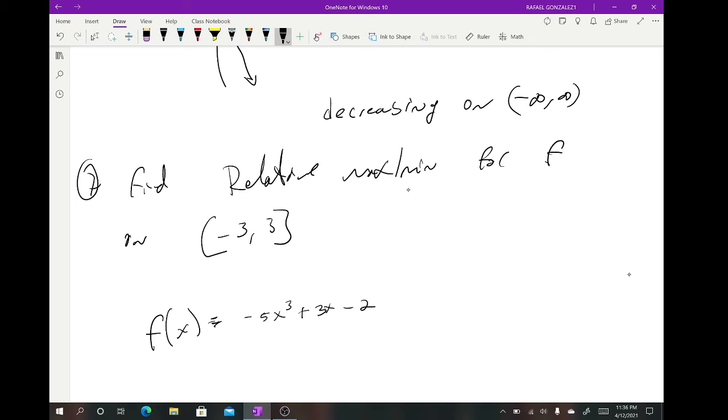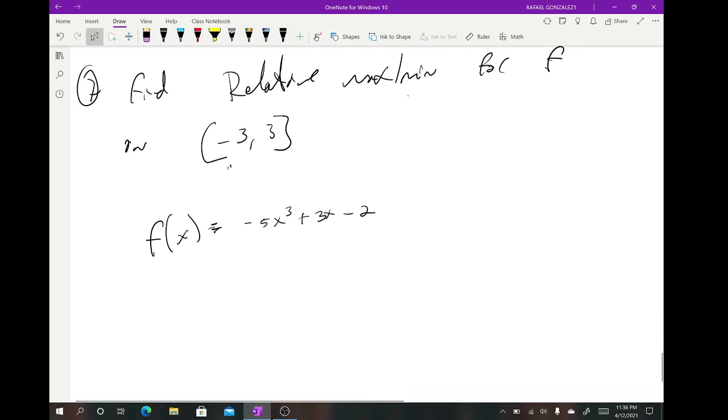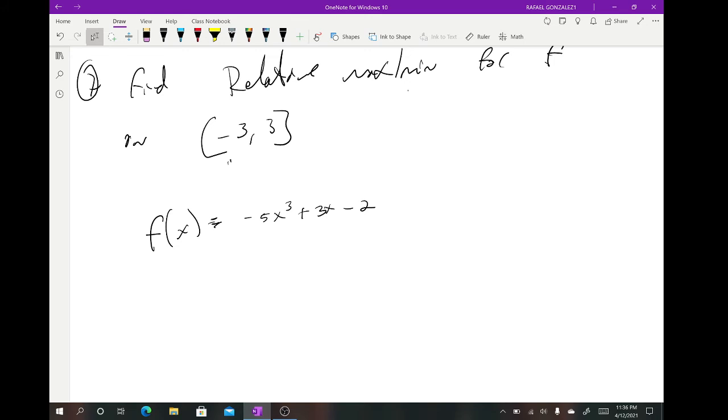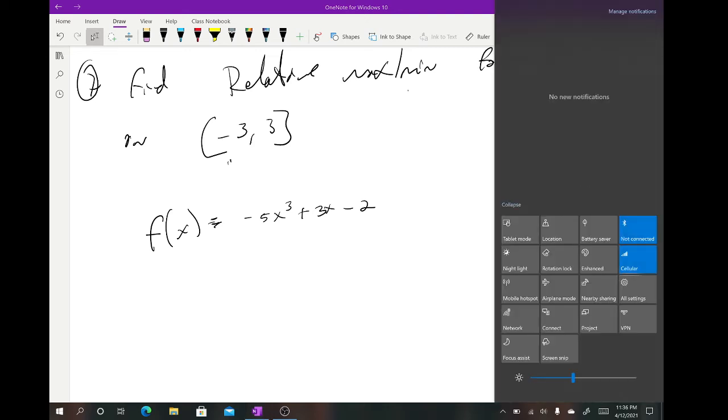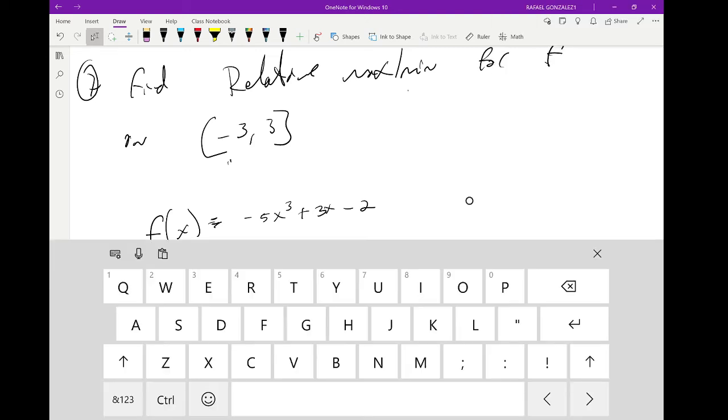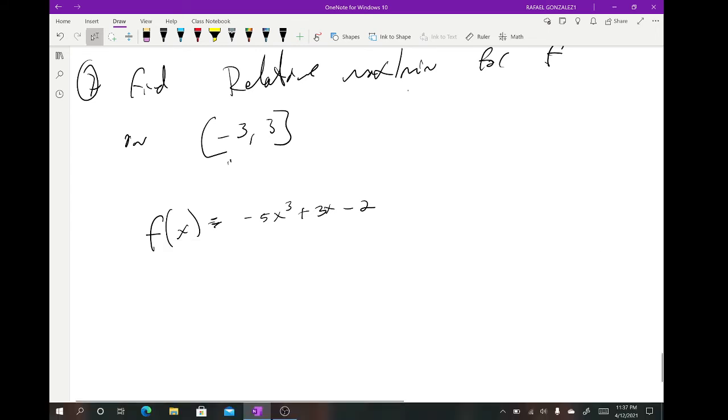If you're finding relative max and min on an interval, then remember we simply need to find 3 things. We need to find the critical points. We need to use the derivative to find the local max or mins. And we have to find the value of the function at the endpoints. So again, the first thing I like to do is to find the critical values.